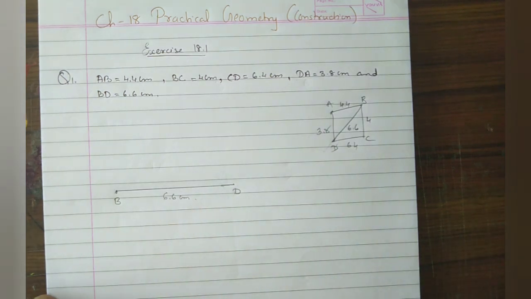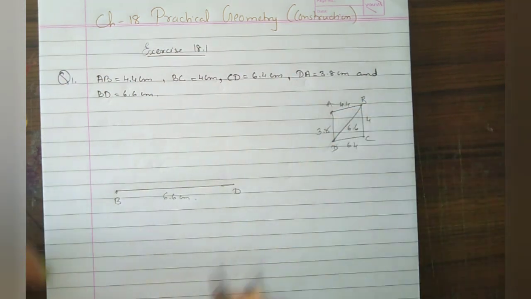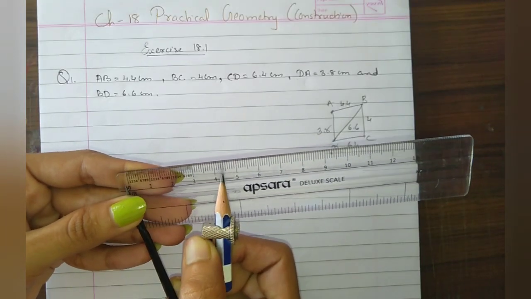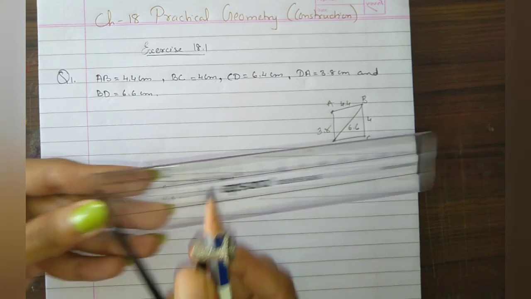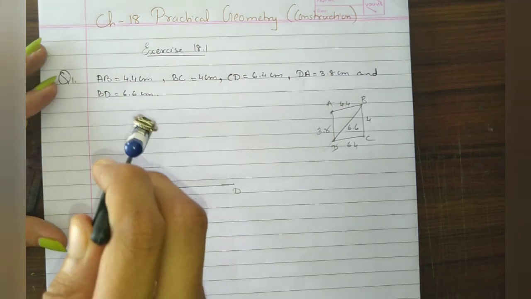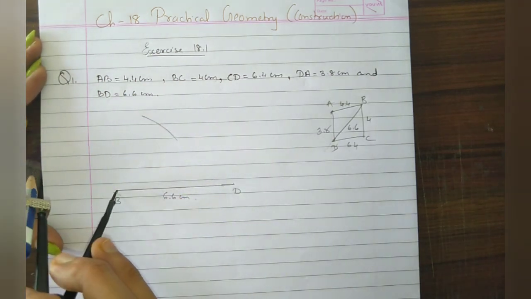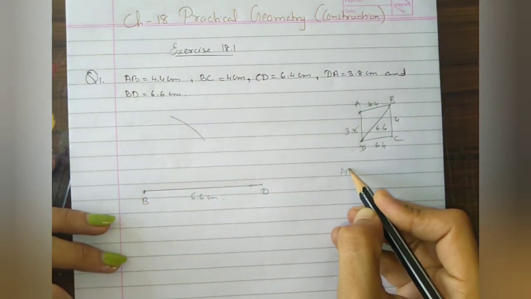Now with the rounder, take AB as 4.4 cm. Now from B, take a point and draw the arc opposite of the diagonal. Okay, first we had drawn AB, so we have to take AB.